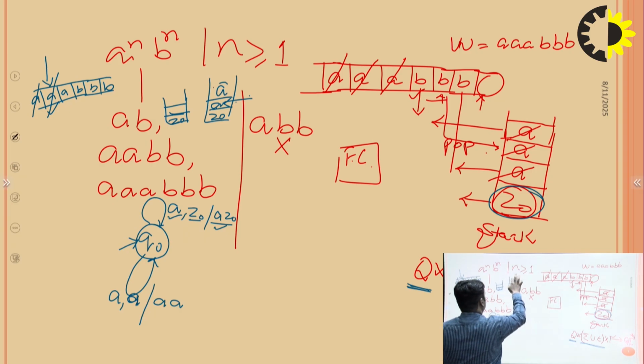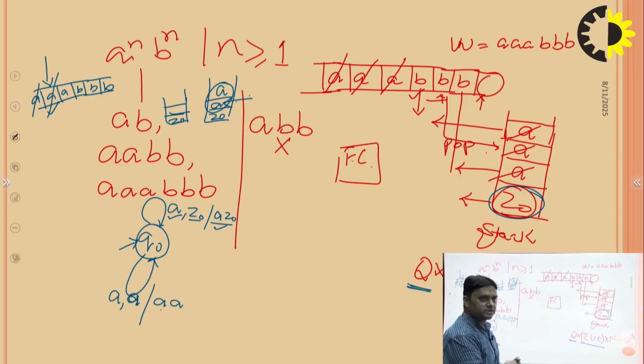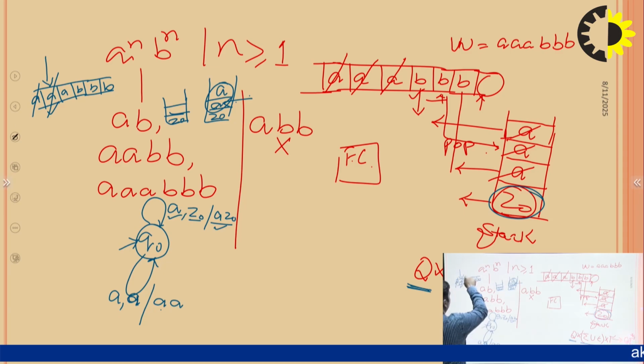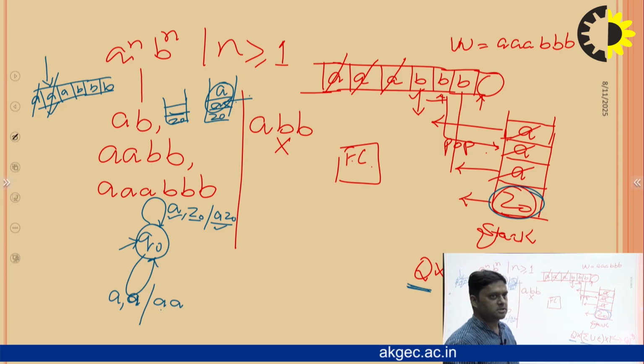Now AA will be pushed in the stack. In this way, there is a loop representing that multiple A's can be pushed in the stack.